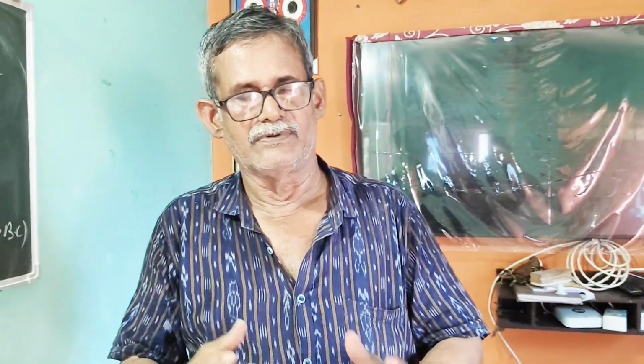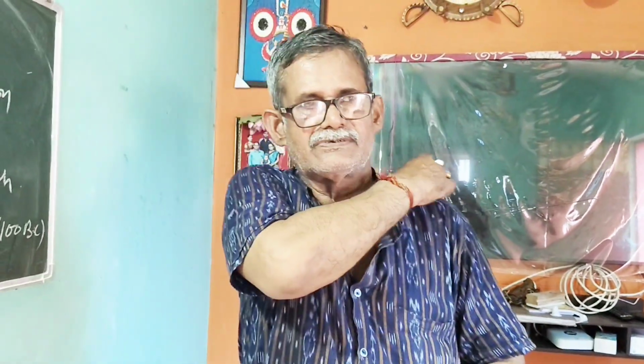Parts of speech was developed by Plato and Aristotle, and after some years, especially in 100 BC, Dionysius Thrax formalized parts of speech into 8 categories, and in modern terminology, it is called word class.